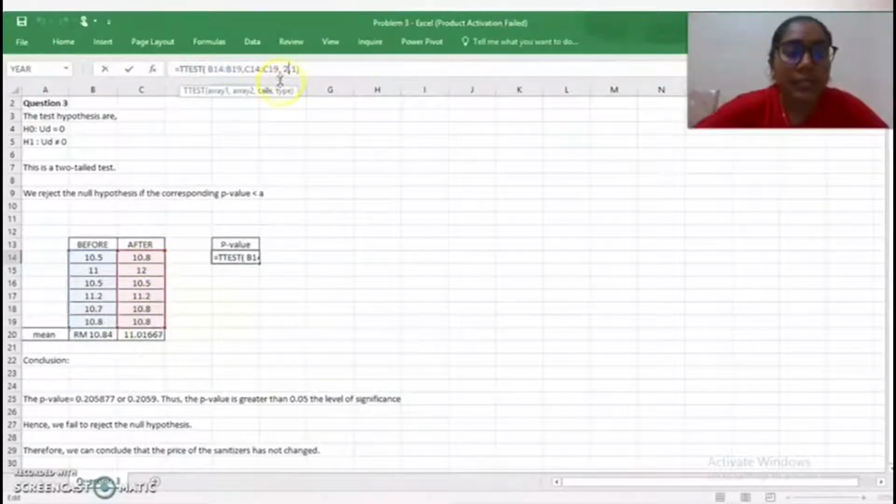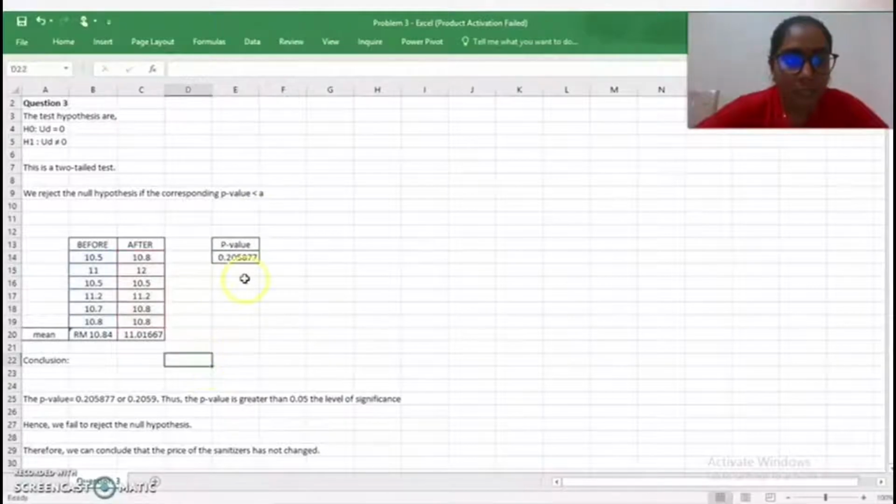It is a two-tailed test, so we have to type 2, and then it is not unequal variance, it is just the same sanitizer, so the type is 1. Now the answer is 0.205877.